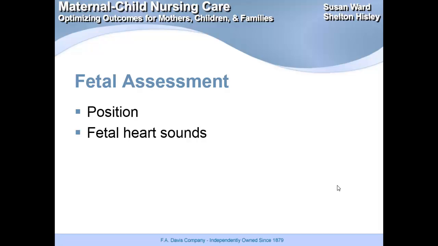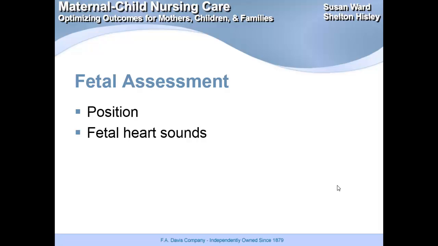So, fetal assessment. Again, you want to identify the fetal position. There's a few different ways you can. You could do Leopold's maneuvers, and that's just doing abdominal palpation. You're going to find the location of where baby's fetal heart rate is best heard.